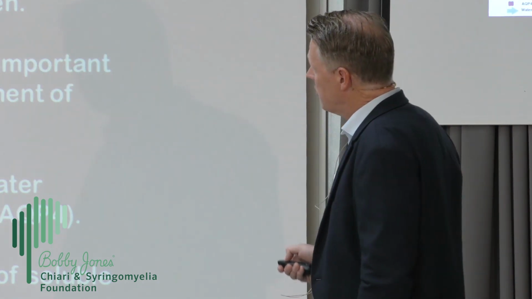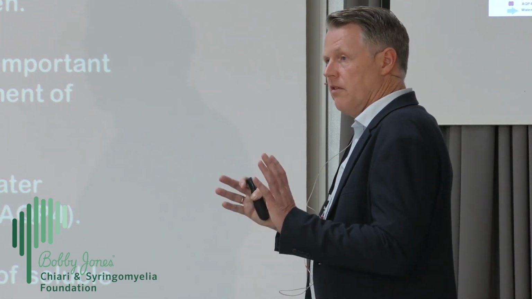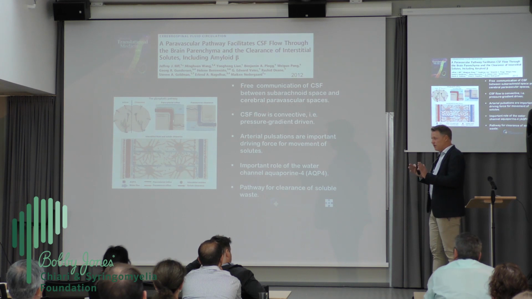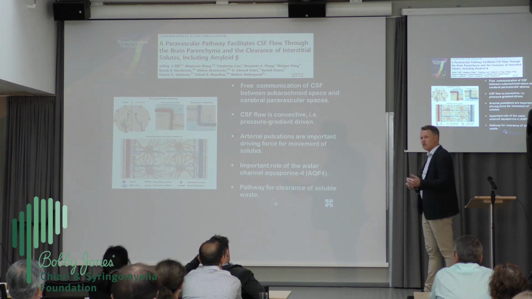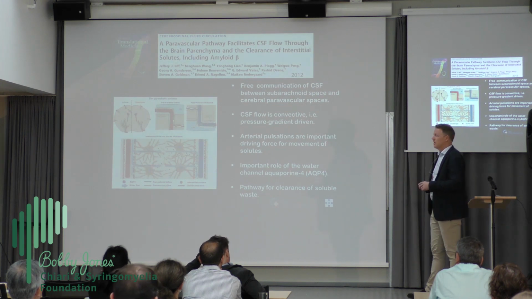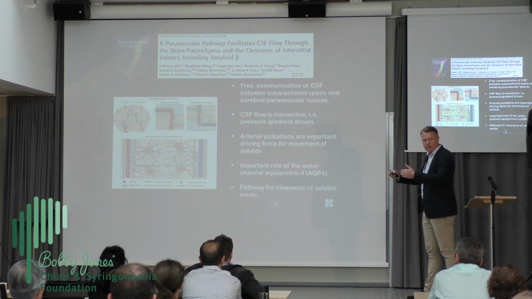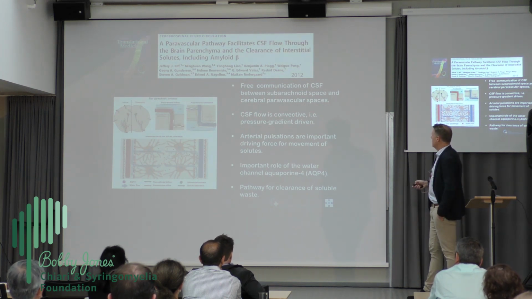So there's free communication. What we have in a way previously thought was that there is a difference, so to say, between the interstitial fluid and the CSF fluid itself. What this has taught us is that this communication is direct from the CSF spaces.